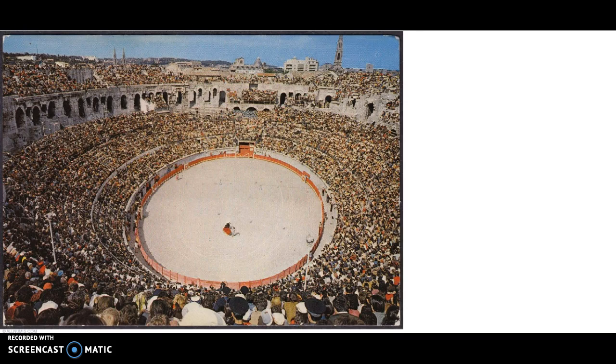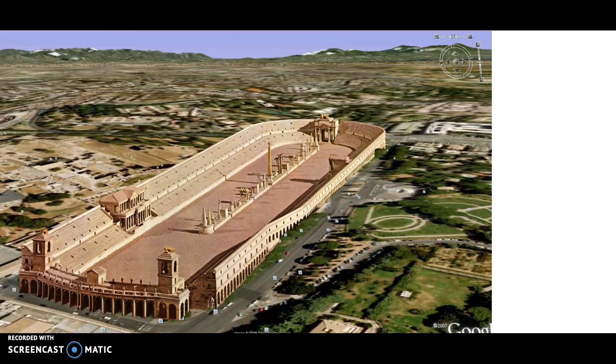The other very important building for shows was the circus. The circus was not oval as you might think. The circus was an elongated shape, kind of a rectangle, and used for different kinds of races, kind of the car races with horses.